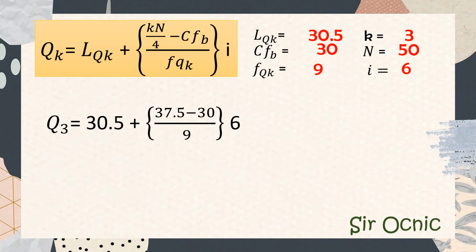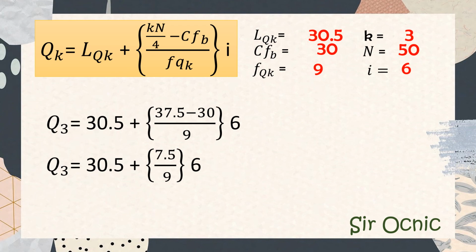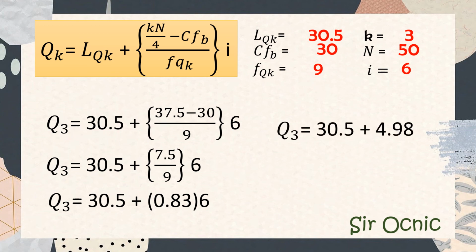Simplifying the numerator, 37.5 minus 30 is equal to 7.5. 7.5 divided by 9 is equal to 0.83. 0.83 times 6 is equal to 4.98. 4.98 plus 30.5 is equal to 35.48. That means that Q sub 3 is equal to 35.48.